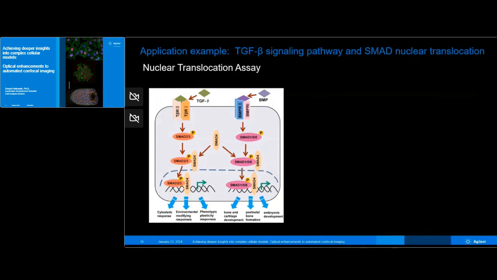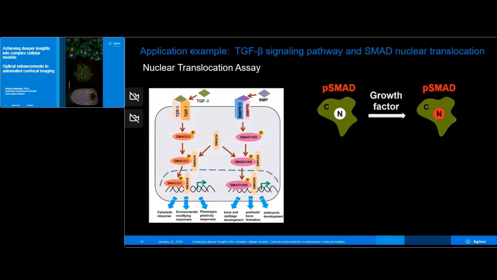In this pathway, when you stimulate cells with TGF-beta or BMP, that triggers a downstream phosphorylation event for either SMAD2/3 or SMAD1/5/9, depending on the growth factor. These SMADs then form a tri-complex with SMAD4, which translocates to the nucleus, where they function as transcription factors leading to downstream biological activity.